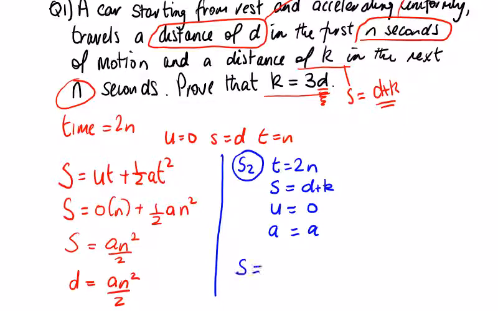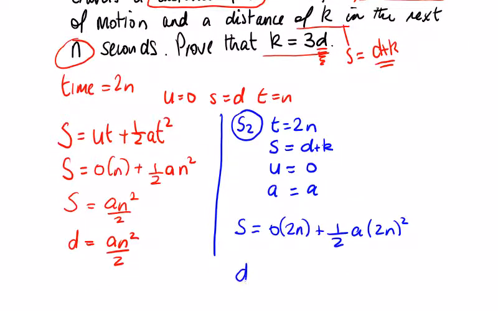So s is equal to ut, 0 by 2n, which you don't need, plus a half at squared, so a by t, 2n, to be squared. My s is equal to d plus k, so d plus k is equal to 4an squared over 2, so 2an squared. Just be careful, make sure you multiply the 2 by the power.